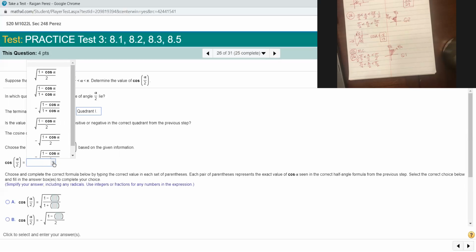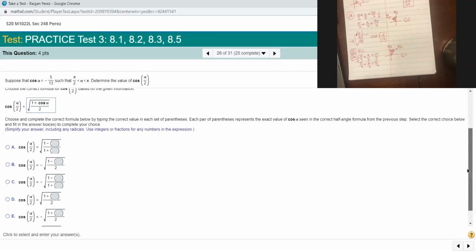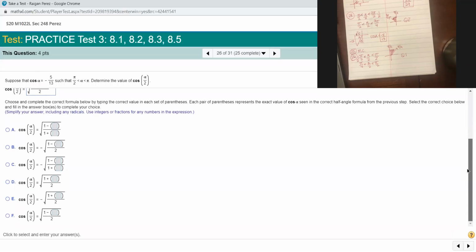So let me take a look at my formula sheet. The cosine half angle function is the square root of 1 plus cosine alpha divided by 2. So the first one. Okay, now we already know what cosine of alpha is, so we just plug it in, making sure we plug it into the right one. 1 plus blank over 2.